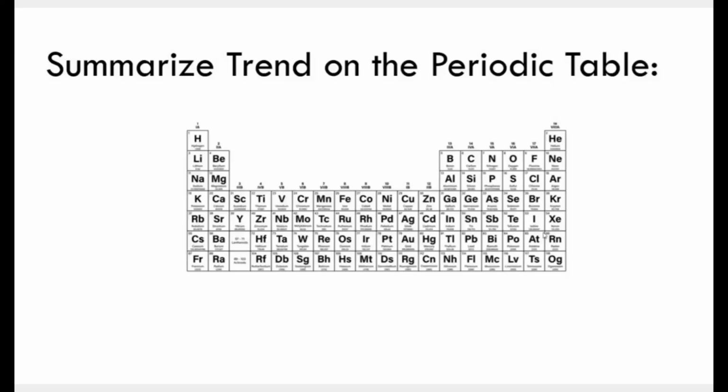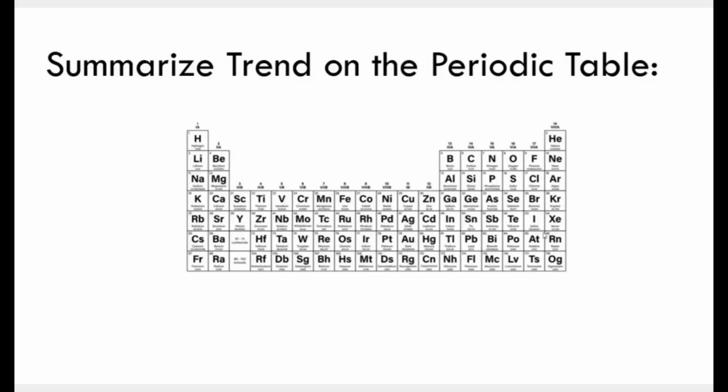So for this trend, as we go across a row from left to right, our ionization energy gets bigger because we're having to pull off of a stronger nucleus. As we go from top to bottom, our ionization energy decreases because it's easier to pull our electrons off of bigger groups and bigger atoms.